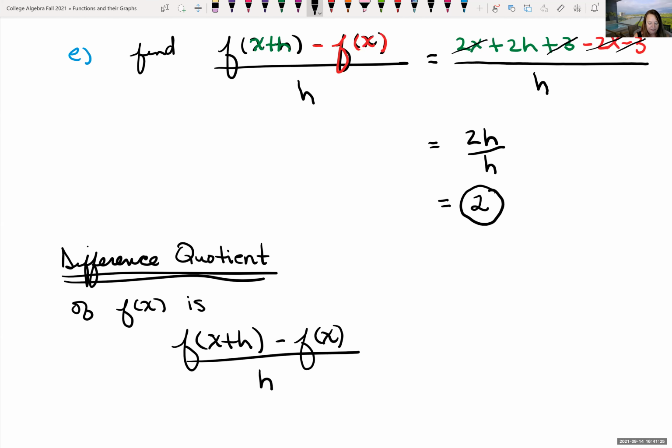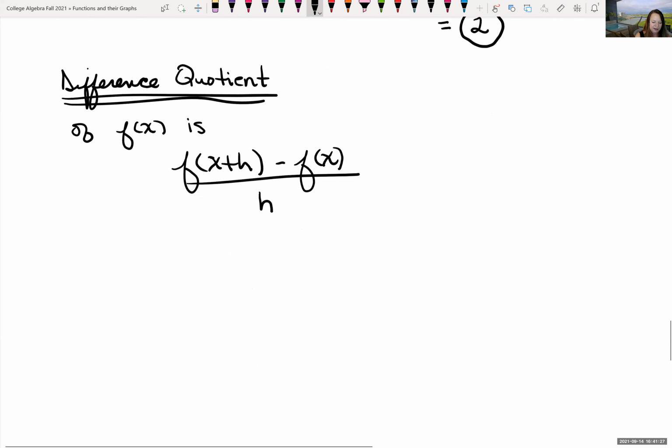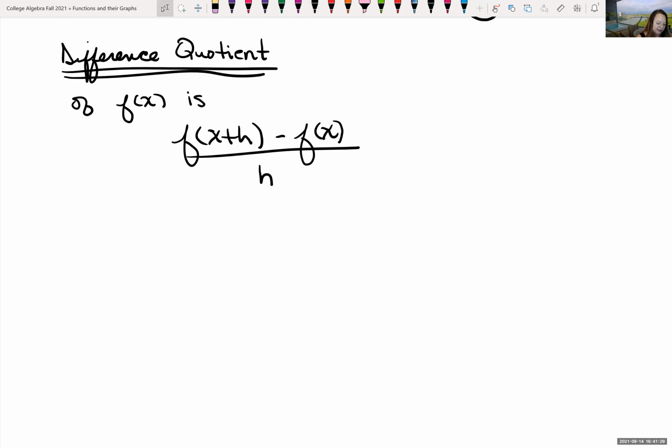Let me show you where it came from. Let's say we have 2 points. Let's call one x, f of x. And let's say our x value is x plus h.